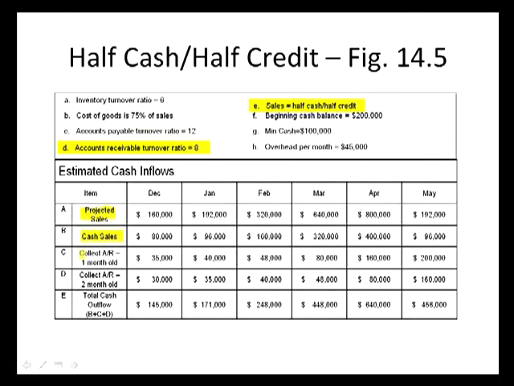In lines 3 and 4, we write down the money from the credit sales that's coming in, and we get some of the money from sales 1 month ago, and we get another pocket of money from sales from 2 months ago because of the 45 days, 30 and 60. The total amount of money coming into the firm is then the total of our cash sales, the accounts receivable sales from 1 month ago, and the accounts receivable from sales 2 months ago. We sum these in the last line of the table.